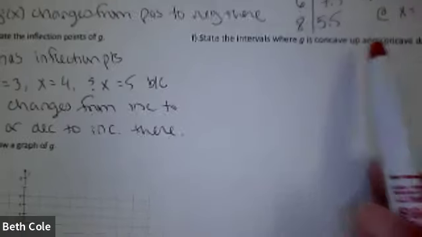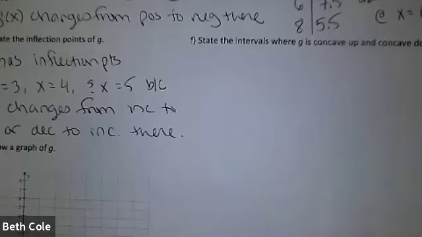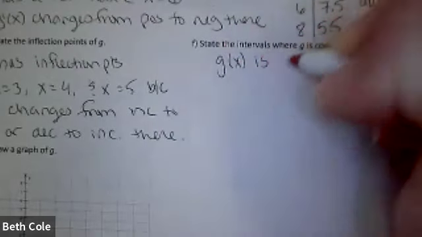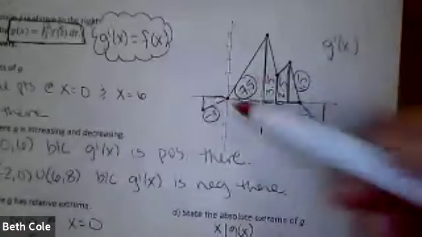Okay. Concave up, concave down. Look at your sticky note. Concave up, g of x is concave up when g prime is what? Increasing. So we're going to say g of x is concave up. Now let's look at our graph of g prime. Where is this graph increasing?